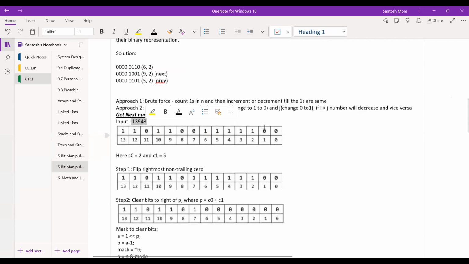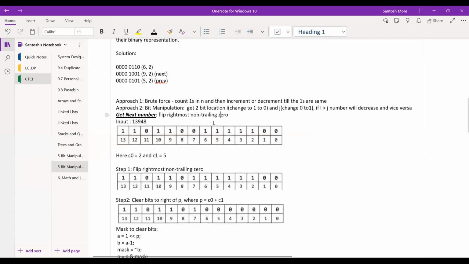Now we have this very big example. Look at the bit representation they have shown here. This is C0, meaning the first block of 0 bits. Here we have 2 zeros, so C0 is 2. Then we have 1, 2, 3, 4, 5 ones, so C1 is 5.